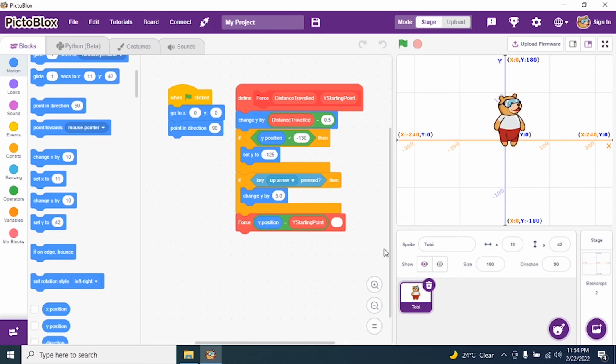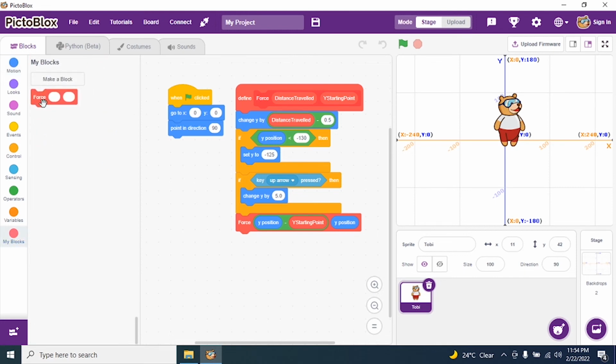And again I call y position. Why do I call this y position? Because we are targeting only the y axis. Then I close my script and I say 0, distance traveled 0.